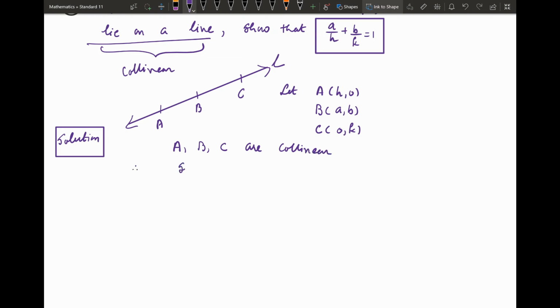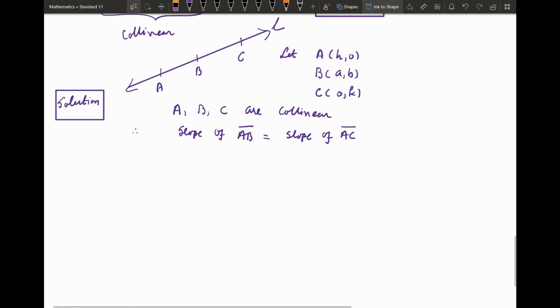Therefore, slope of line segment AB equals slope of line segment AC, because since slope is a constant quantity, you can evaluate slope using A and B, or B and C, or A and C. So since these 3 points are collinear, slope of AB equals slope of AC.